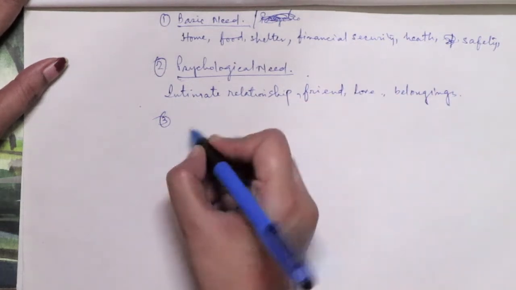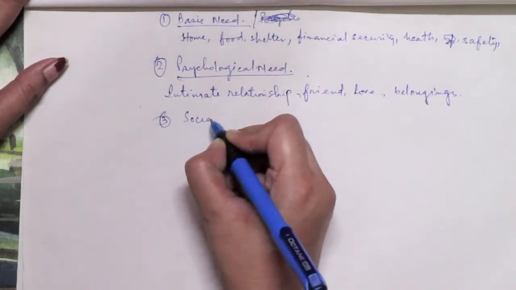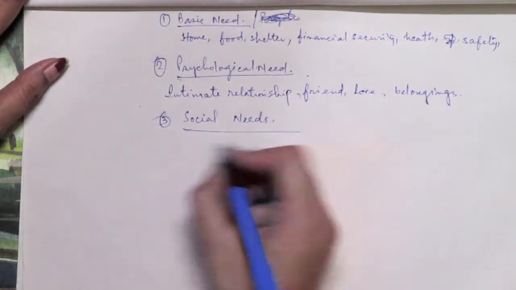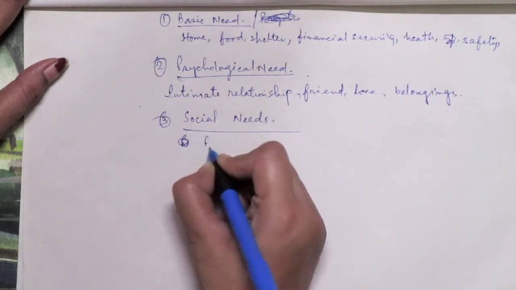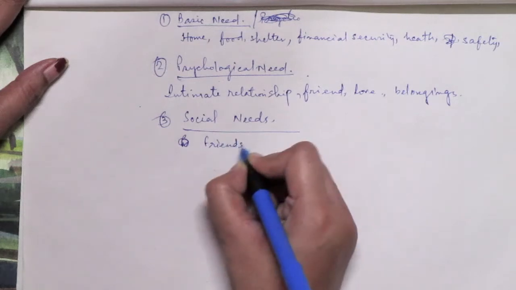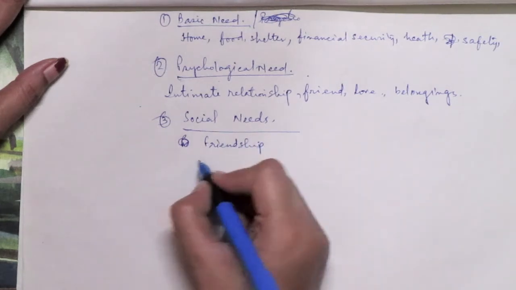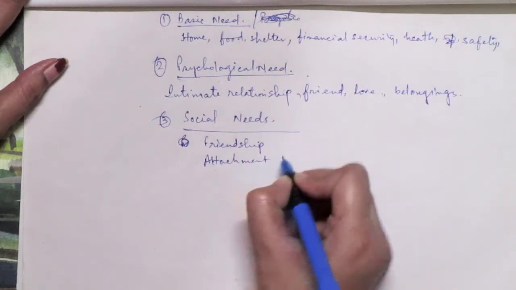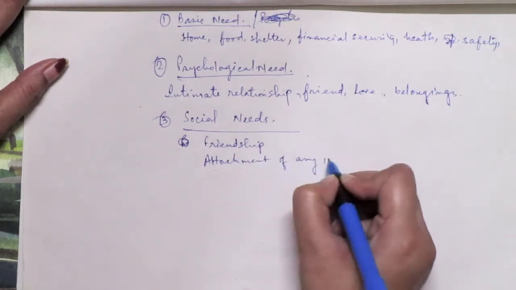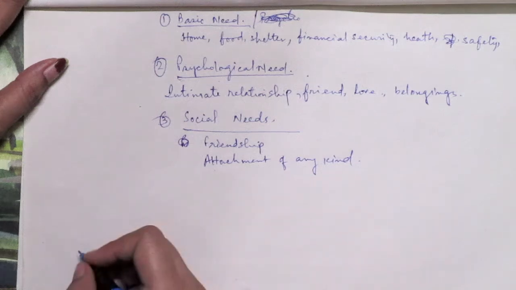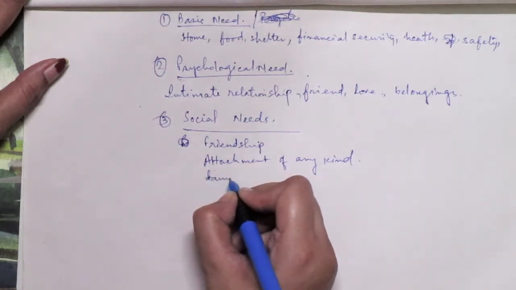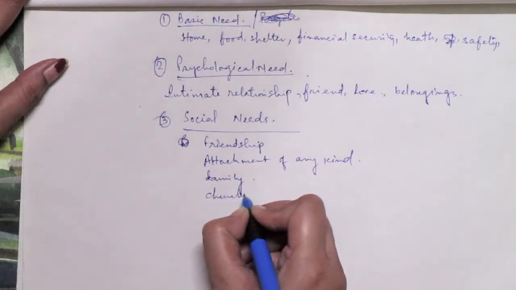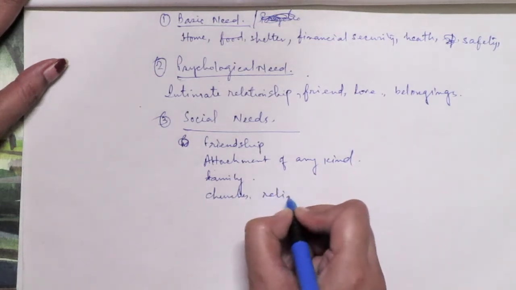Number 3, what are our social needs? Our social needs are friendship, attachment of any kind, family, churches, religious need.